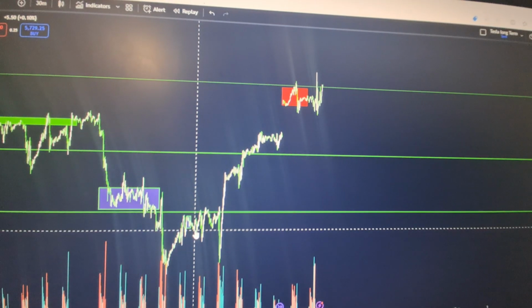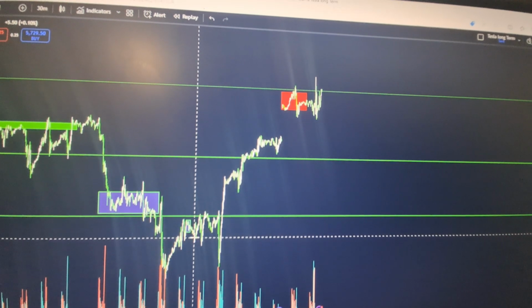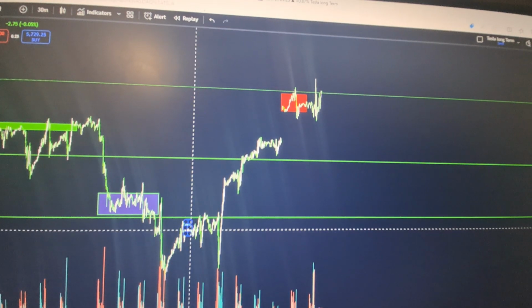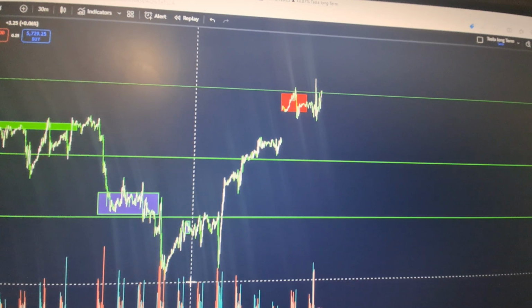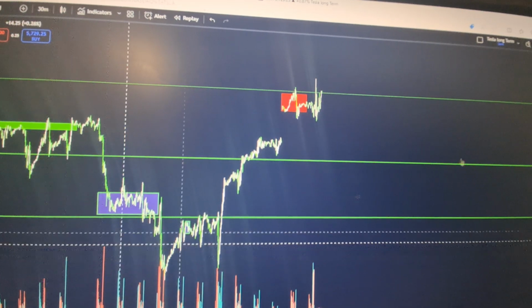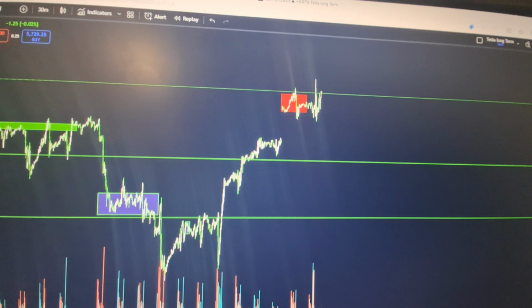What I am seeing here is one of my favorites to watch for in stocks, a diabolical curve.